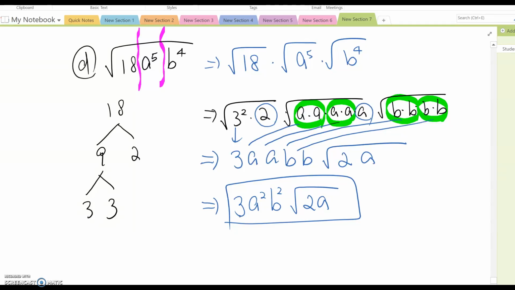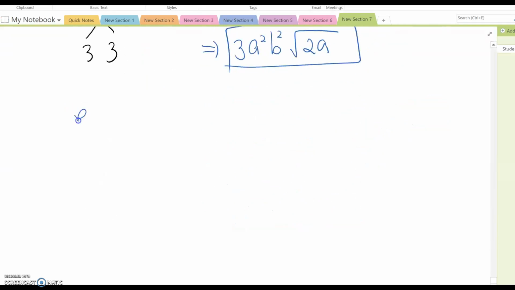Okay, look at another example, maybe letter E. Square root of 75ab cubed. Okay, same thing. So I'm going to divide the numbers a and b here.